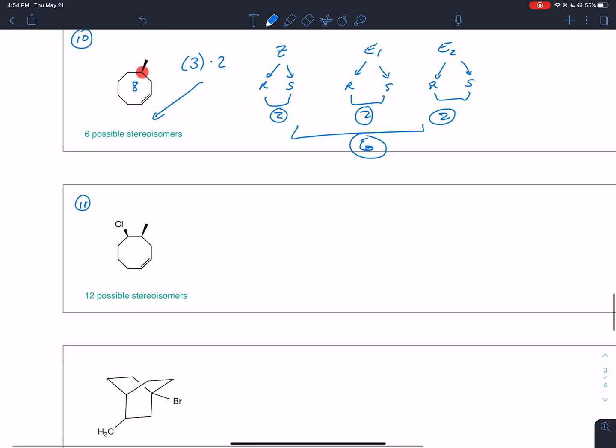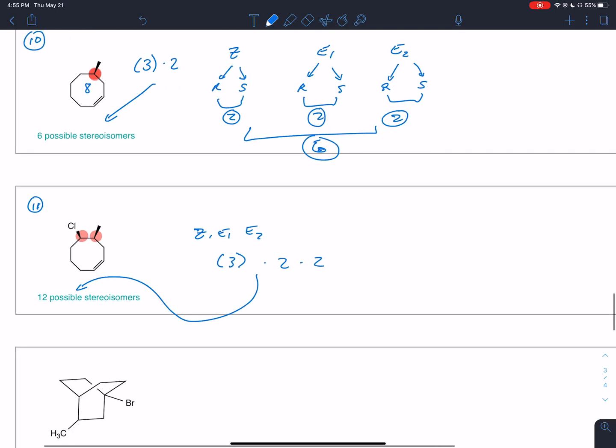We're going to prove that here with this compound, okay? We have our cyclooctene molecule, therefore it could be Z, E helix 1 or E helix 2, and now we have 2 asymmetric centers in example number 11. Therefore, we could take this 3 value times 2 times 2, accounting for each of our asymmetric centers there. So that would give us a total of 12 possible stereoisomers.